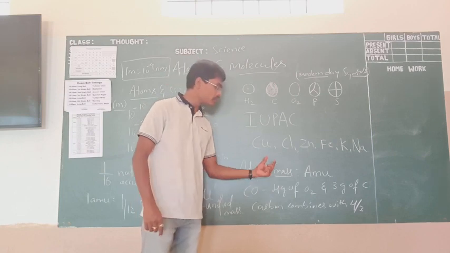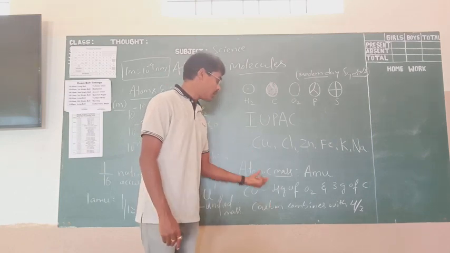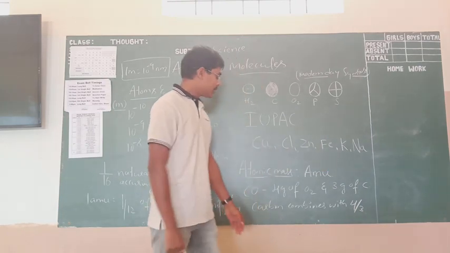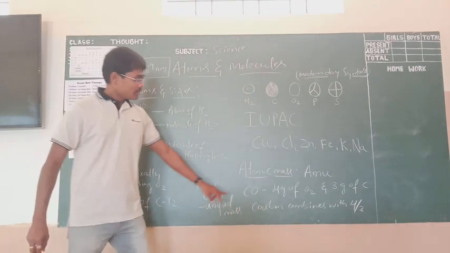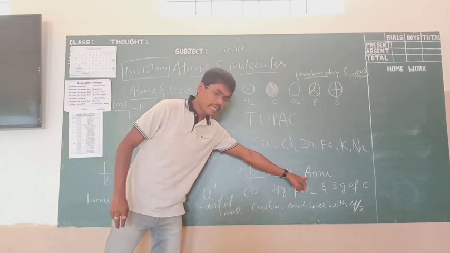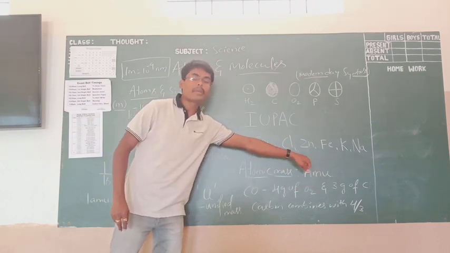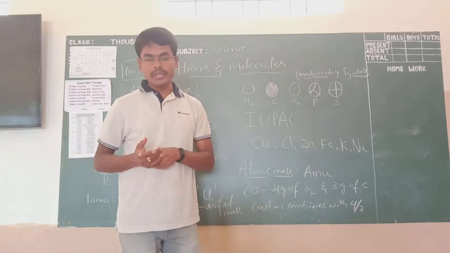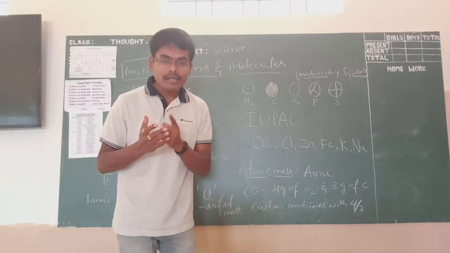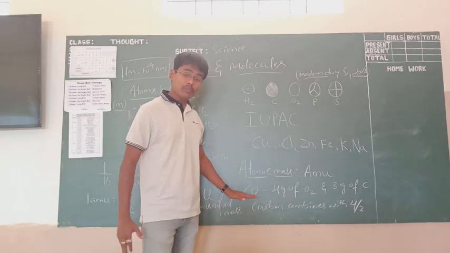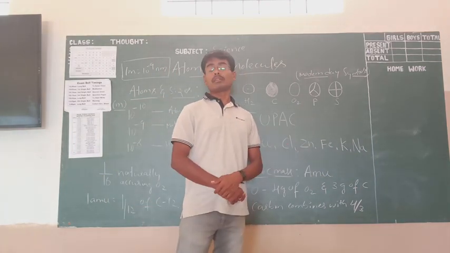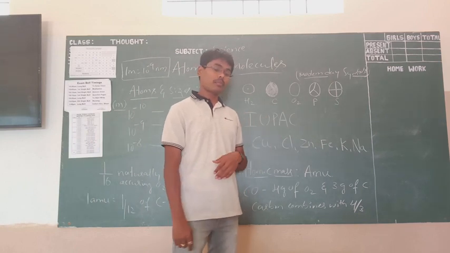For that reason, it requires 4 grams of oxygen and 3 grams of carbon. Then this we call AMU, atomic mass unit. To produce one atomic mass unit of this carbon monoxide, it requires 4/3 of the carbon.